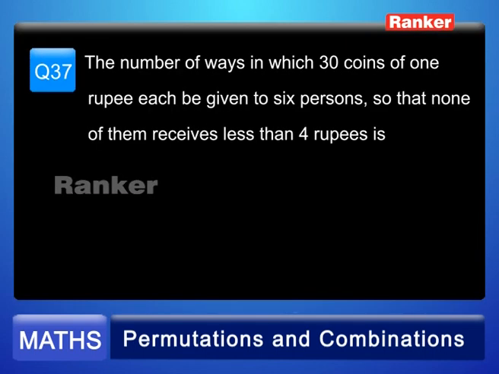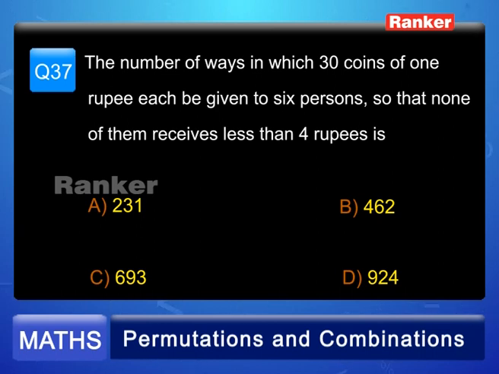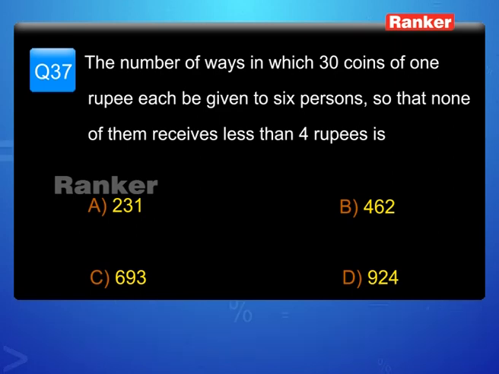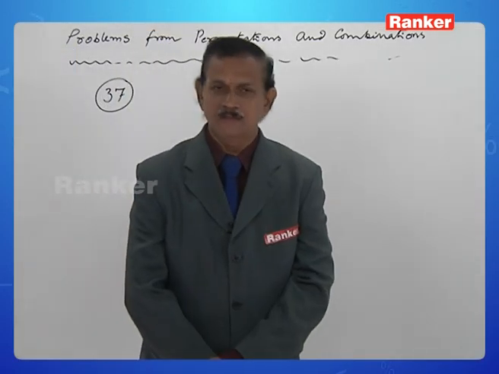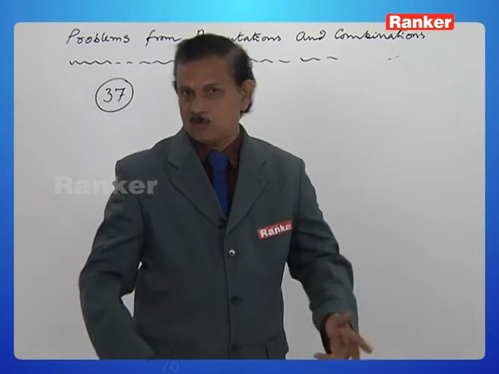Let us look at the next question, that is question number 37. The number of ways in which 30 coins of 1 rupee each can be given to 6 persons so that none of them receives less than 4 rupees is. 30 coins are there with me. Each coin is a rupee coin.